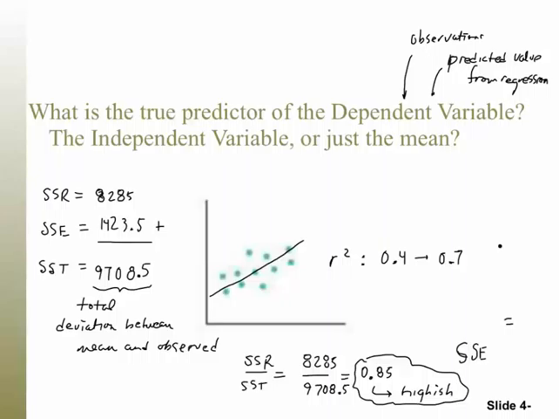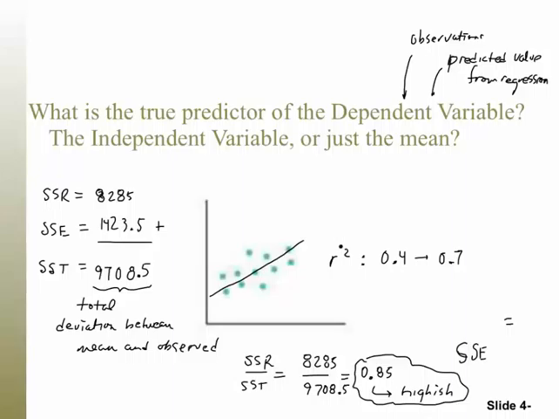Okay, any questions? I have a question. Yeah, please. If SSR over SST equals 0.5, does that mean Y and X have a 1-to-1 ratio? No, it means that half of the deviation of the observed values from the mean is coming from the difference between the regression and the mean, and half of it is coming from the difference between the regression and the actual observed values.